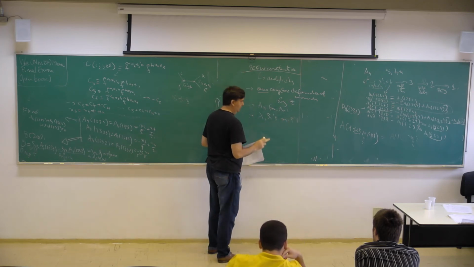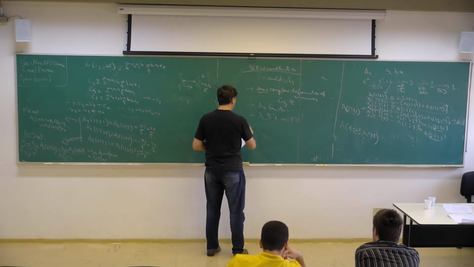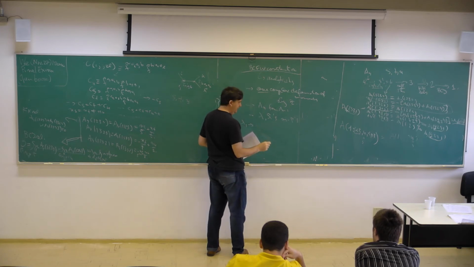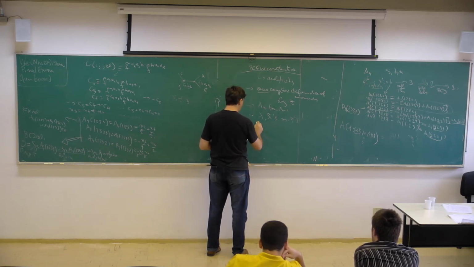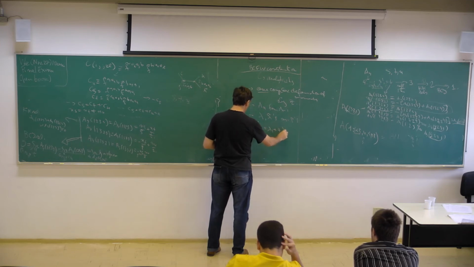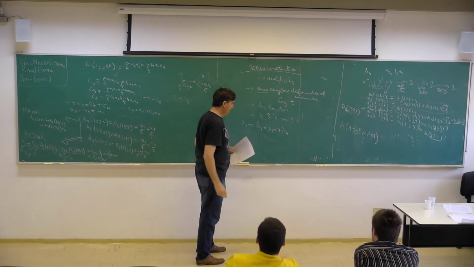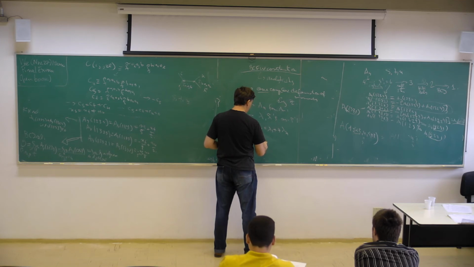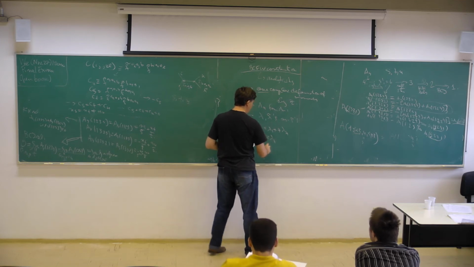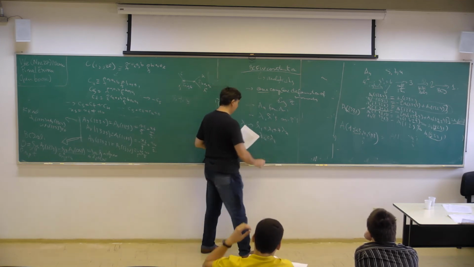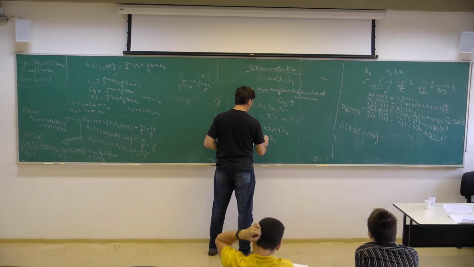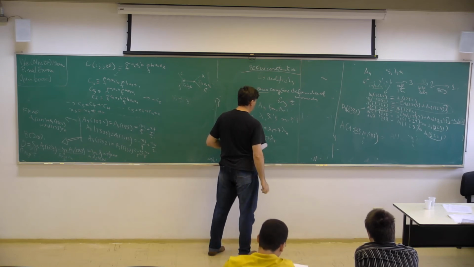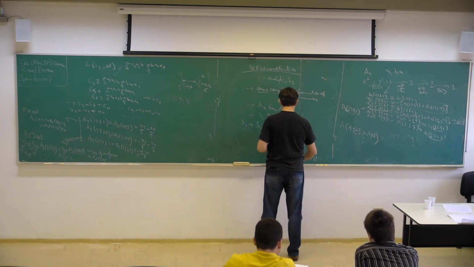And so the deformation is you take one of the lambdas and you deform it to a lambda hat, which is lambda 1 plus z lambda n. n is one of the other ones. And then lambda n itself is unchanged.